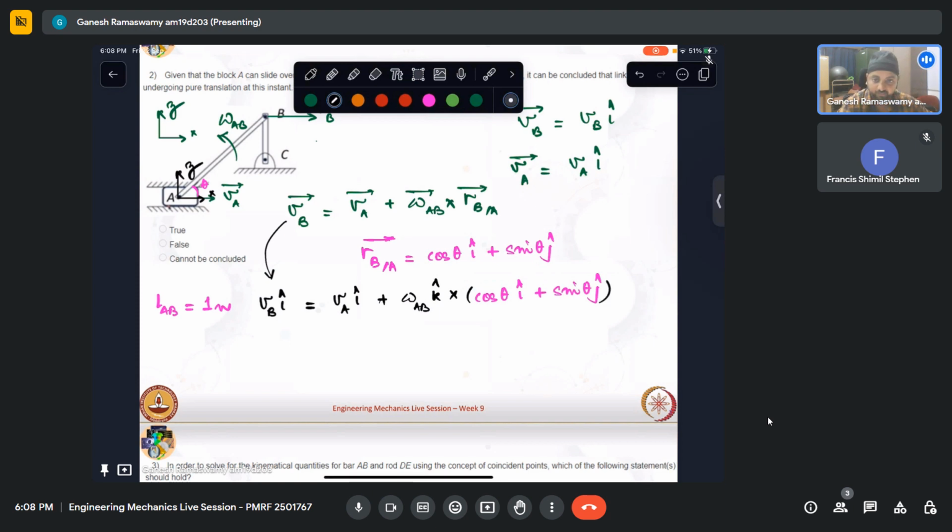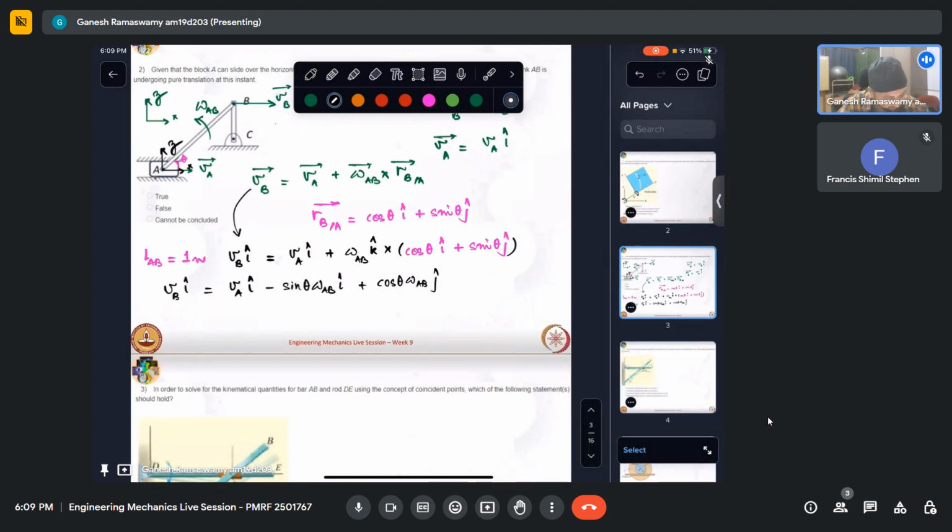Crossed with this vector. If I cross multiply this, it gives me omega I cap. It's nothing but VB I cap is equal to VA I cap minus sin theta omega AB I plus cos theta omega AB J. I have just opened it out, done nothing else.